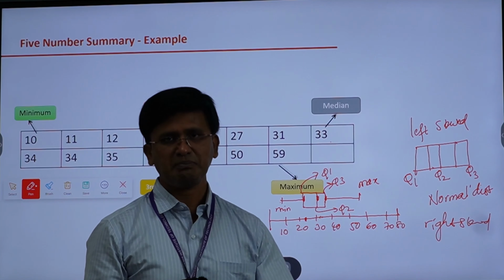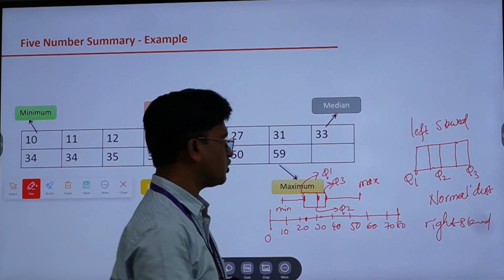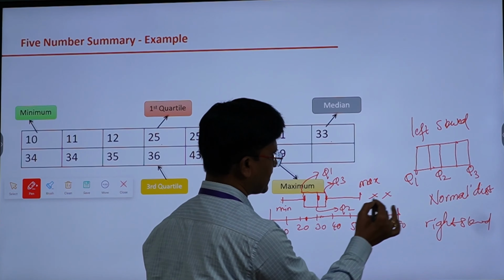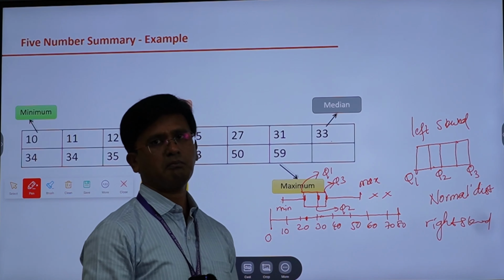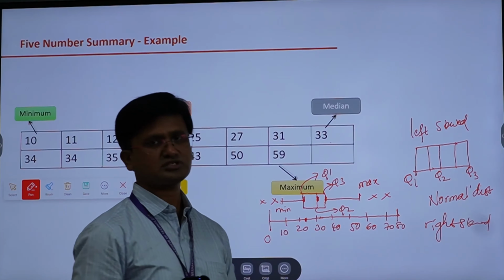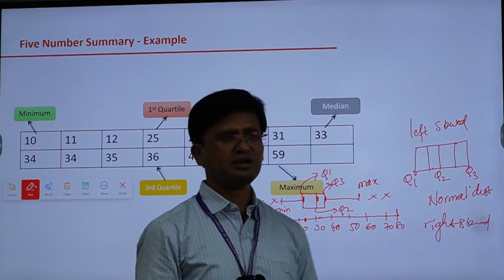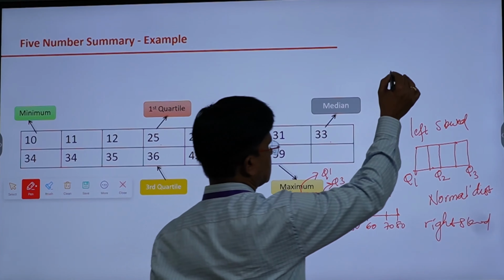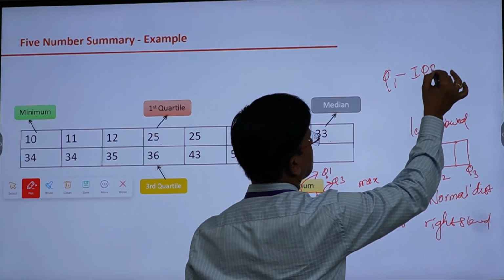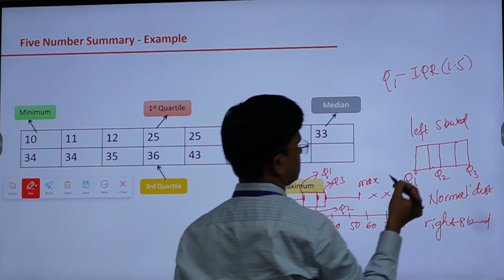And apart from this, if you want to find out if any outliers are there: if any data points are beyond this max, and if any data points are less than this min, then those data points we can call outliers. And there is a simple formula to find the outliers: Q1 minus 1.5 into IQR.